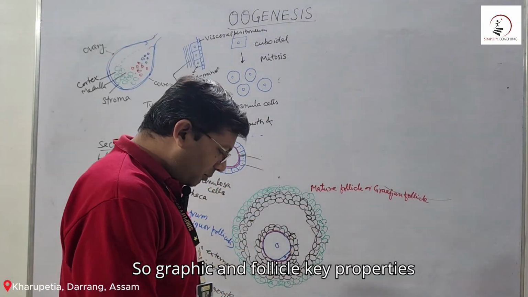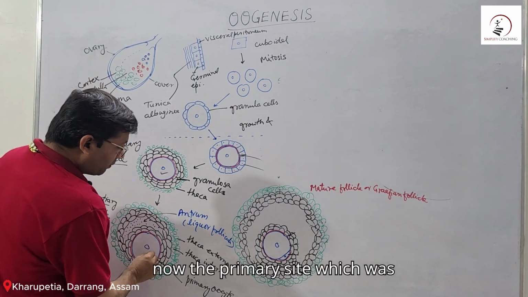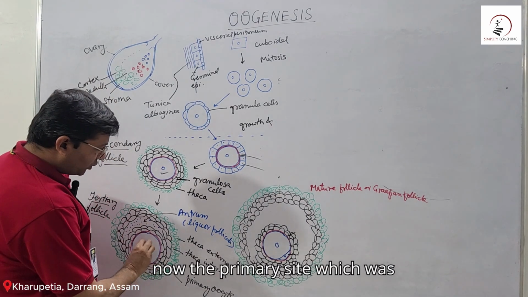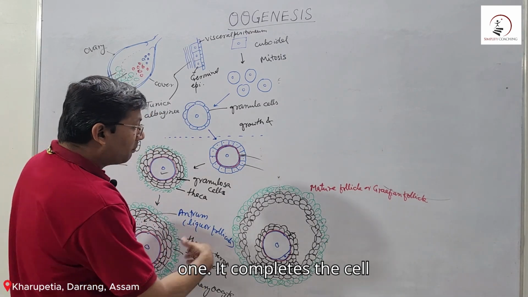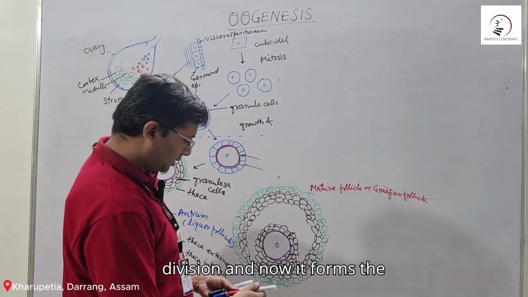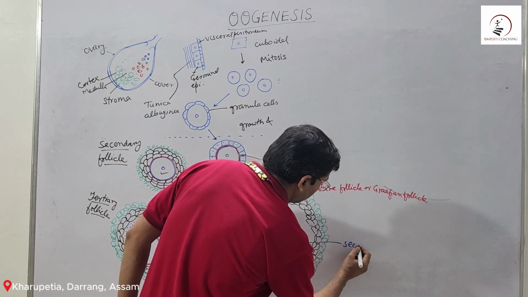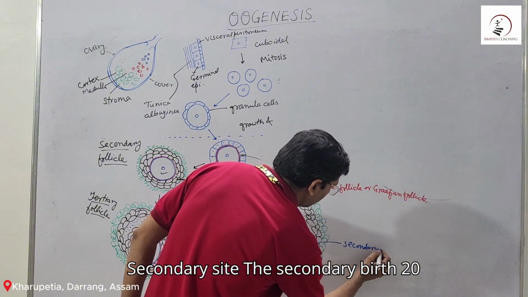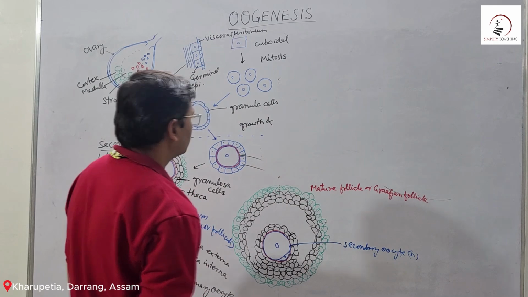तो ग्राफियन फॉलिकल की properties क्या है उसको देखते हैं. Here now the primary oocyte which was growing, it was arrested at prophase 1, it completes the cell division and now it forms the secondary oocyte. The secondary oocyte is haploid in nature.